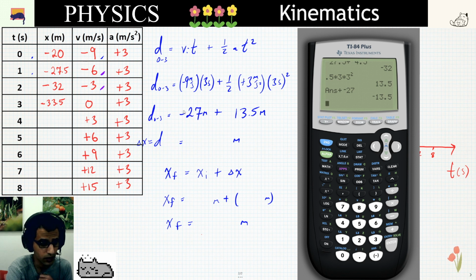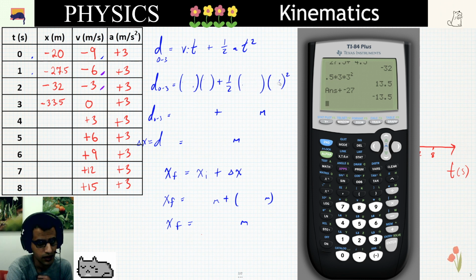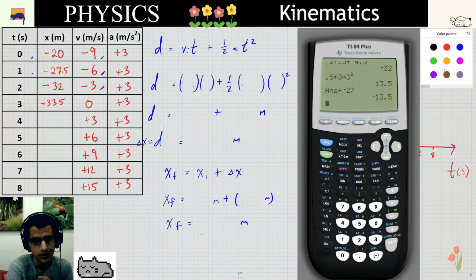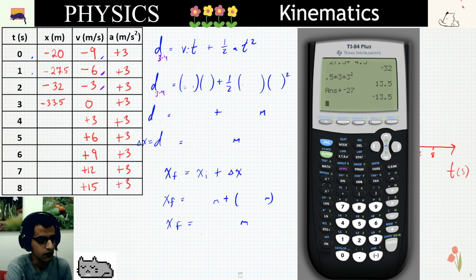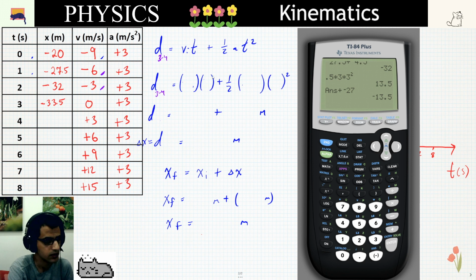We can do it from 0 to 4, or we can do it from 3 to 4 seconds. Yeah, let's try that. Let's make this time interval from 3 to 4 seconds. So here we go. The displacement from 3 to 4 seconds. The initial velocity at 3 seconds would be 0.